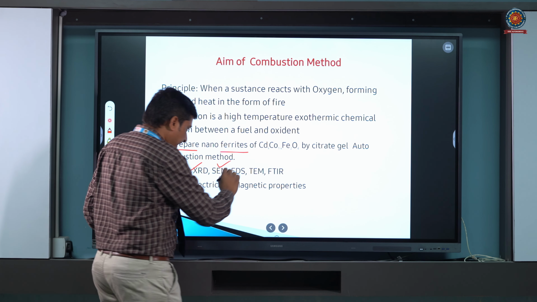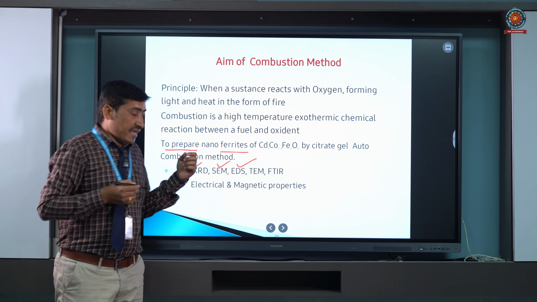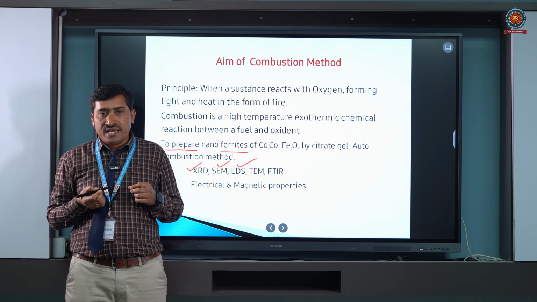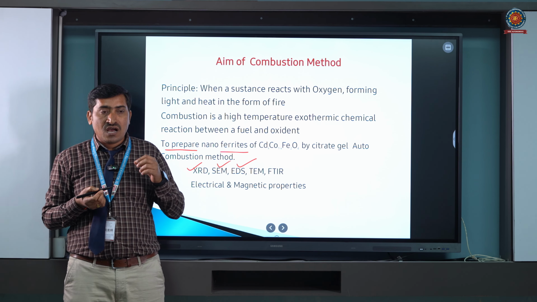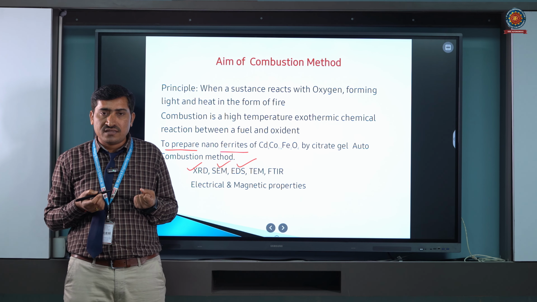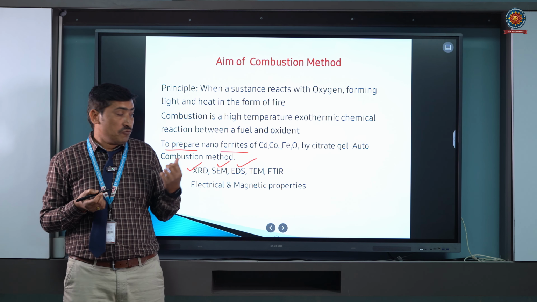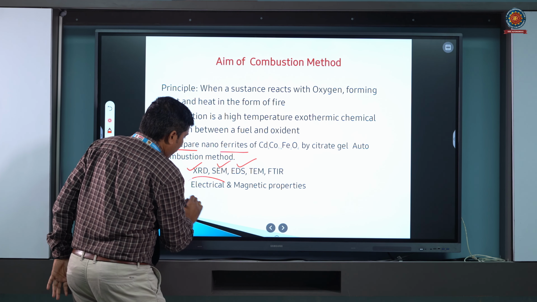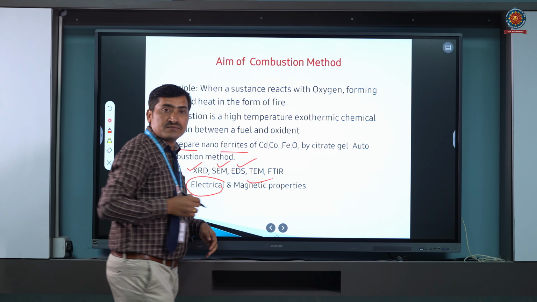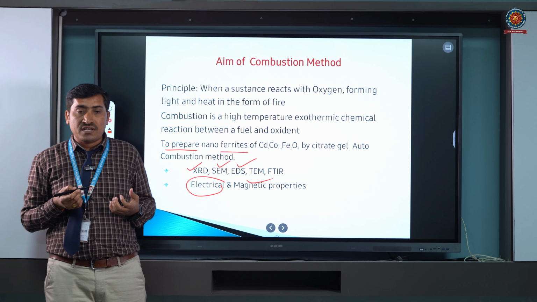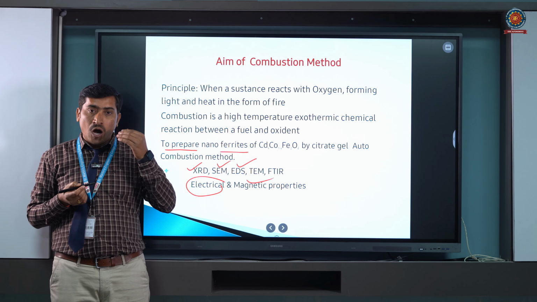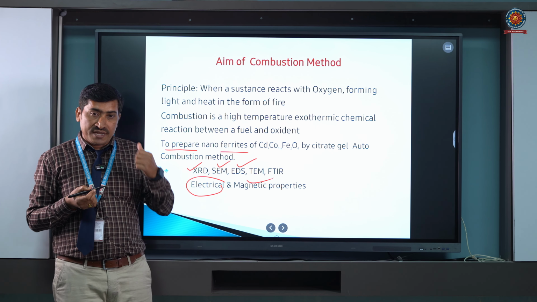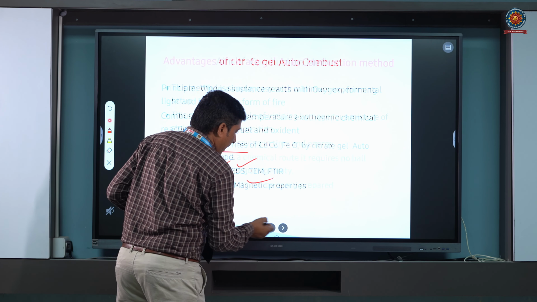Next is EDS, energy dispersive spectra, which gives the atomic percentage of elements in our powder, such as whether cadmium is there or not, with accurate values. Next are electrical and magnetic properties; by using this method our material is applicable for electrical and magnetic properties. That is why I choose this method.